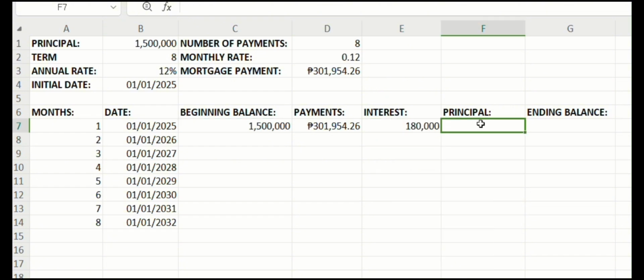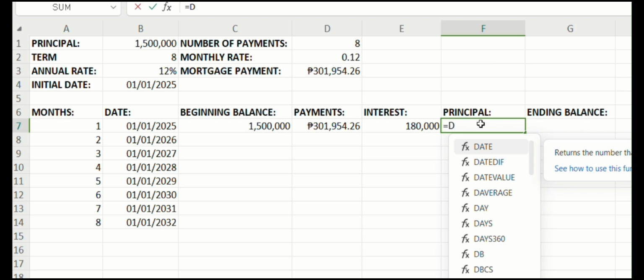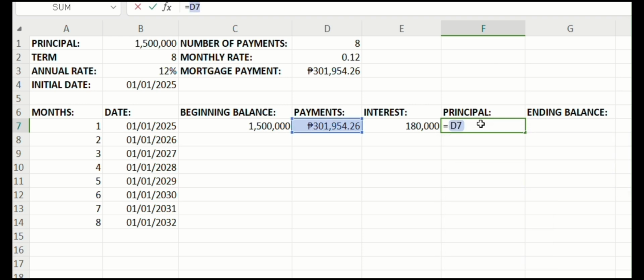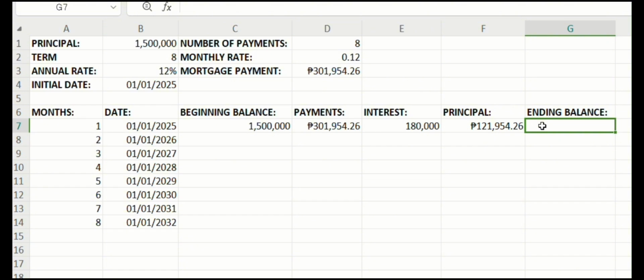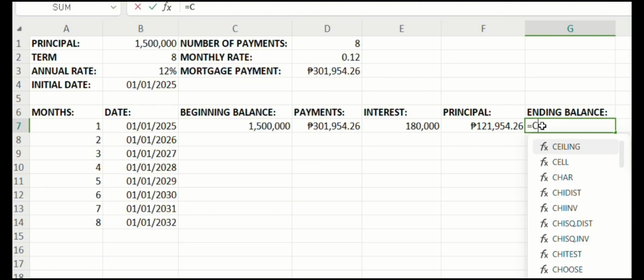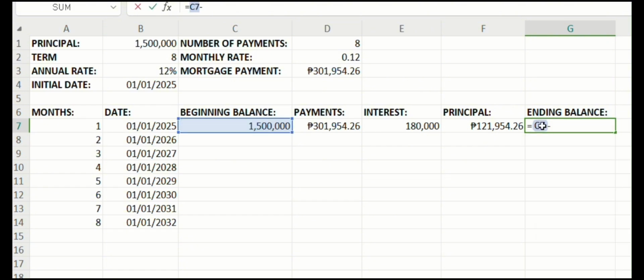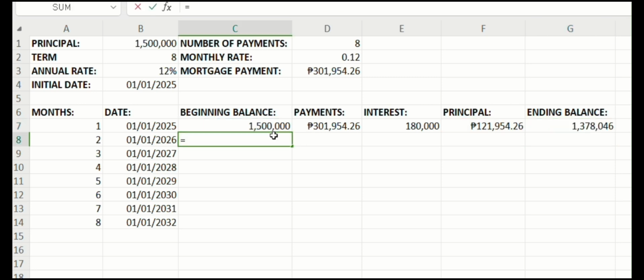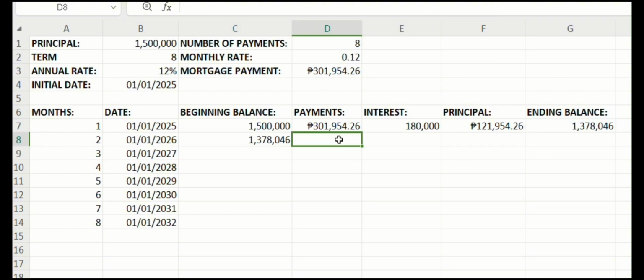We have 180,000, and for the principal, we have D7 minus the interest. We have 121,954.26, and for the ending balance, we have the beginning balance minus the principal. We have 1,378,046 pesos.